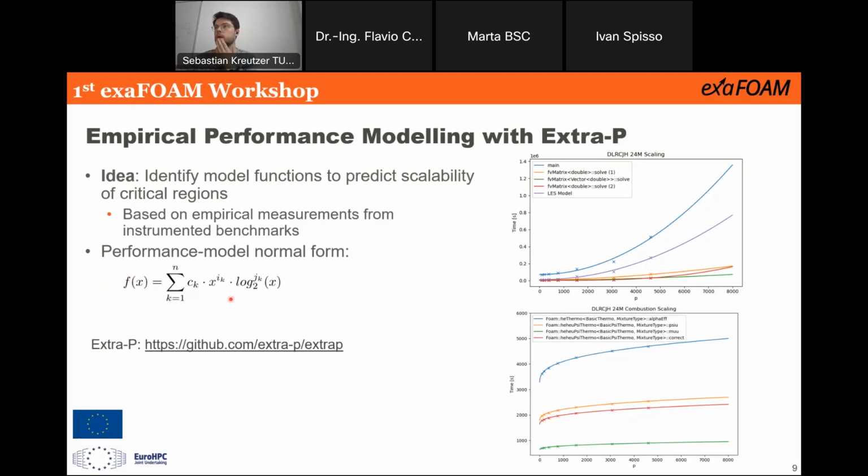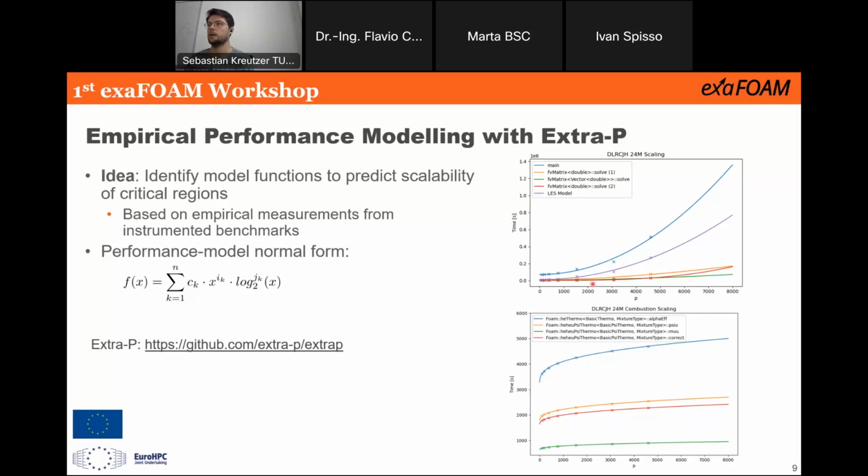To illustrate this, we have applied it to a grand challenge case. We measured from 1 up to, I think, 64 nodes. So around, maybe it was 48 nodes. Yeah, 48 nodes, so around 4,000 processors.